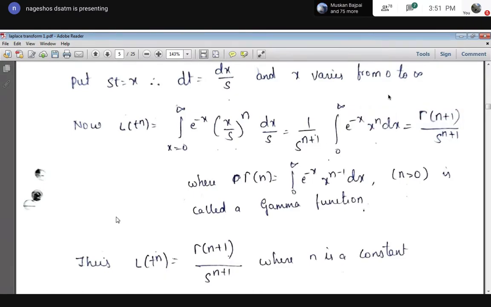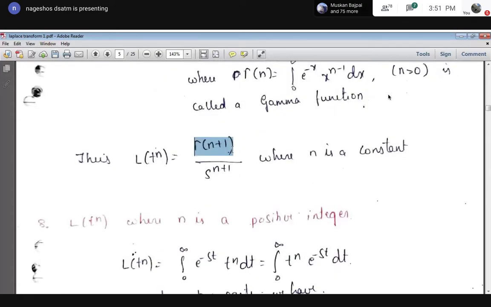So the answer for the Laplace transform of t power n is gamma of n plus 1 divided by s power n plus 1. Any doubt in this?